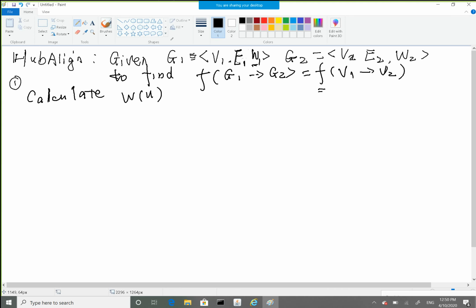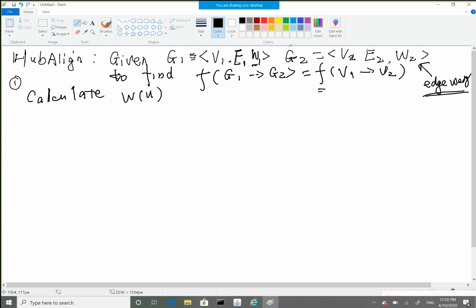This weight is the edge weight. The reason is in the PPI network, they give you the edge weight corresponding to confidence. How confident this interaction between two proteins could be. Okay, just be aware, this is the edge weight.